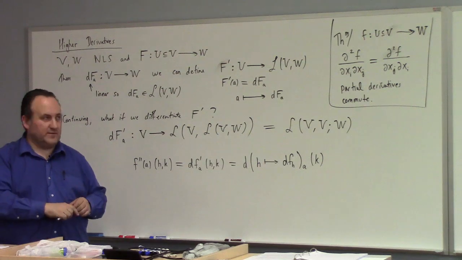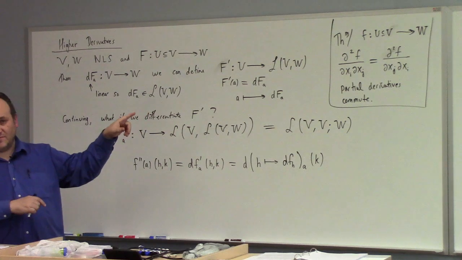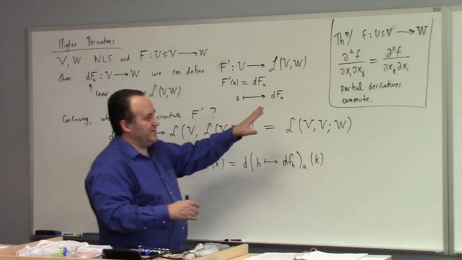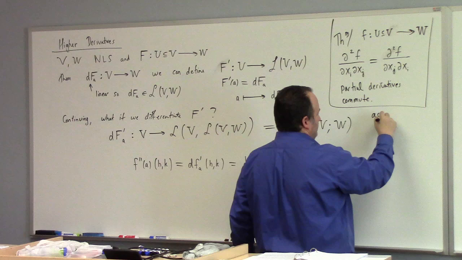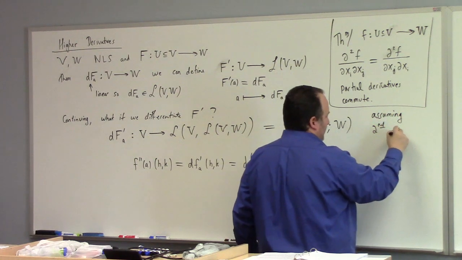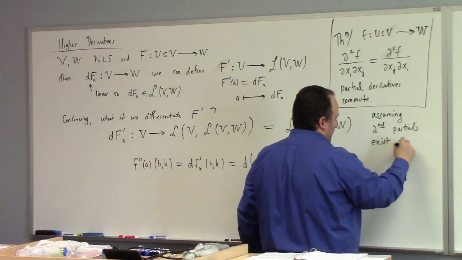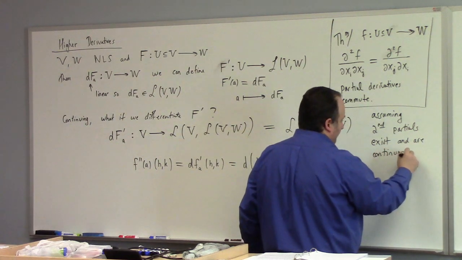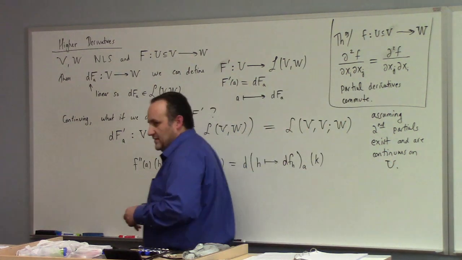The question of the weakest context in which this identity holds is a difficult question. Here we're assuming that the second partial derivatives exist and are continuous on U. That's the condition.